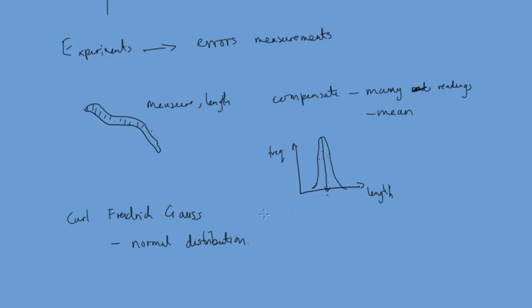And this is what we're going to be studying in this final chapter. The normal distribution has this mean, and it's symmetrical about the mean.